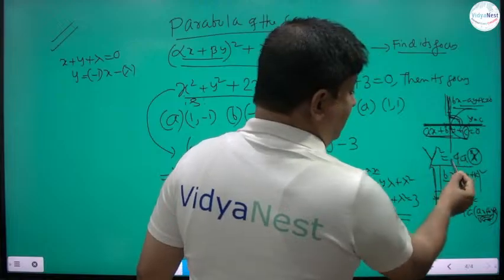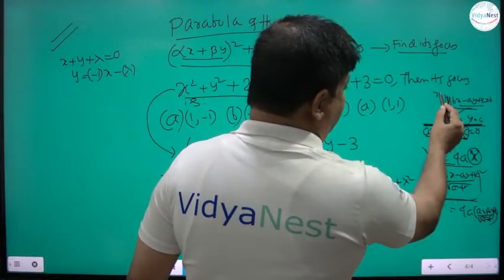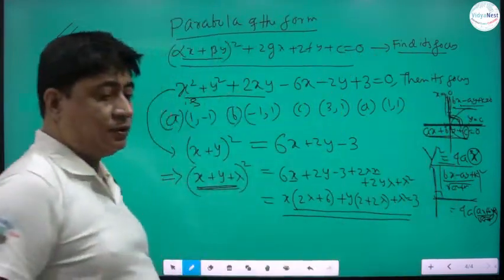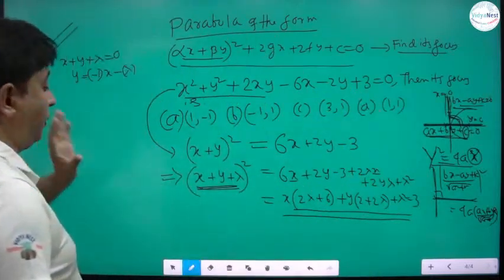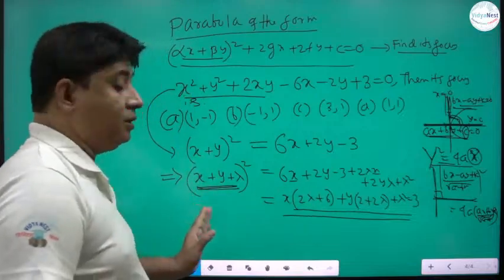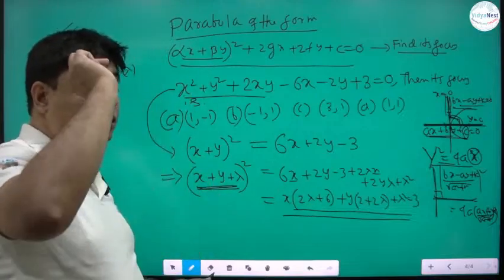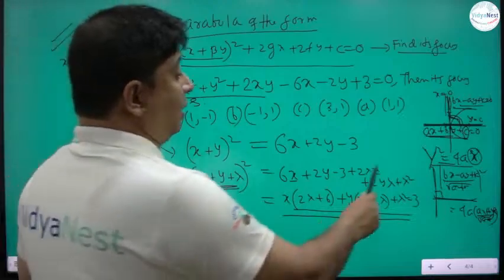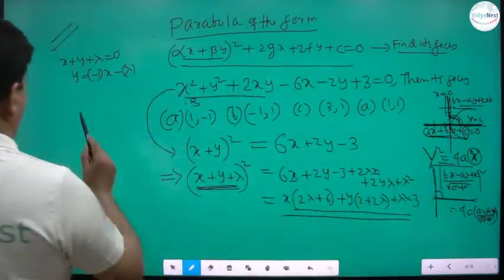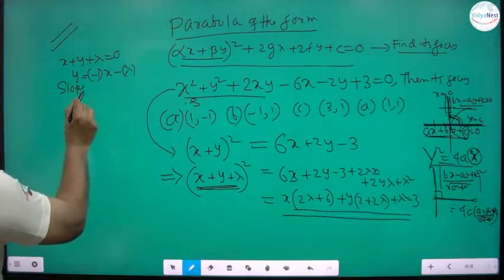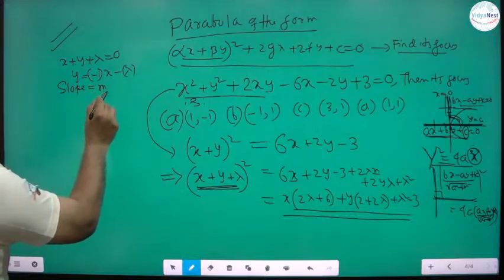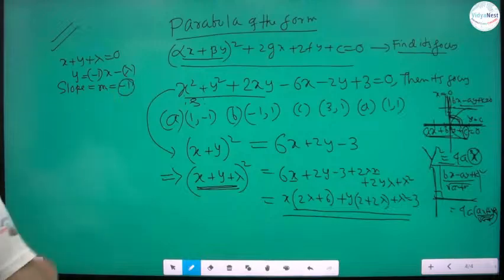Had this been in the normal form, this line's equation would be x is equal to 0. So this is 0, this is 0. By making this 0, I will find the slopes of these two lines. Slope m1 is minus 1.